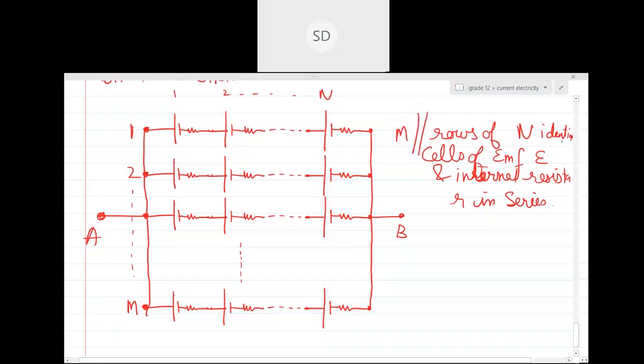M parallel rows of n identical cells of EMF E and internal resistance R in series.